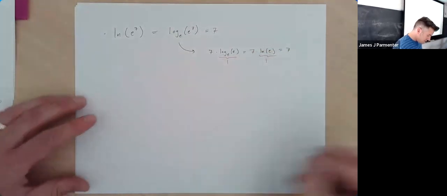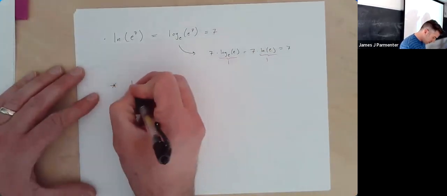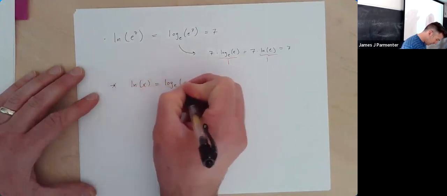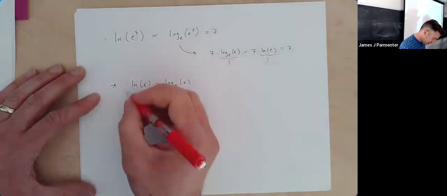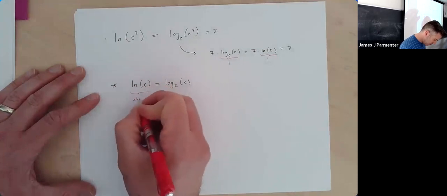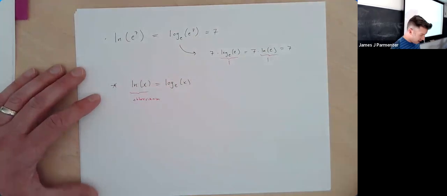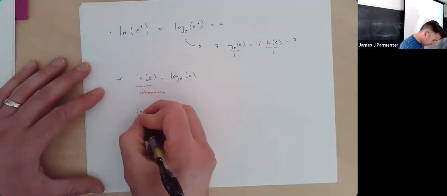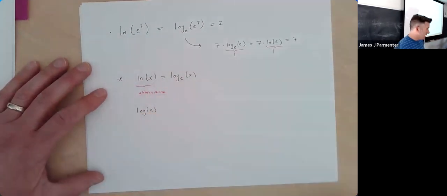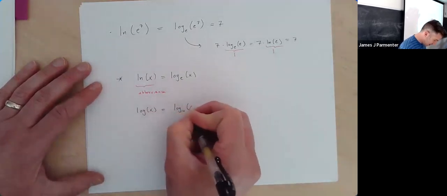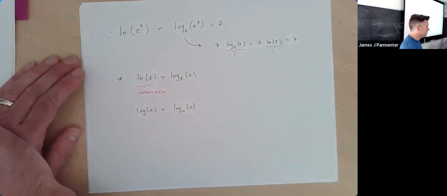So the natural log of x is the same as the log base e of x. All this is an abbreviation. It's an abbreviation in the same way that the log of x, when you don't write a base, is really the log base 10.